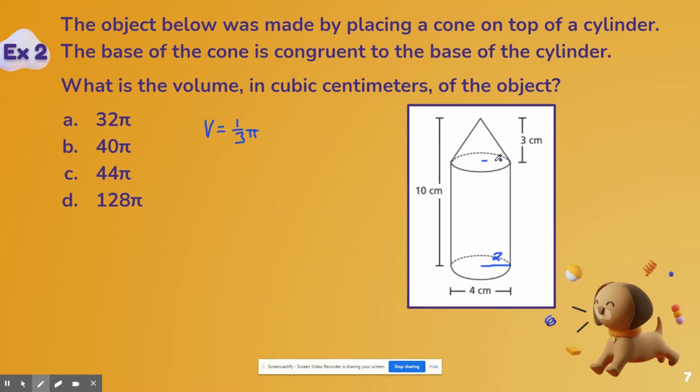Even up here, halfway would be 2. Times 2 squared times the height, which would be 3. So right now I've done 1/3 times pi times the radius squared times the height.